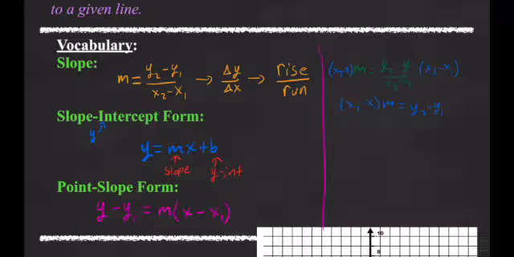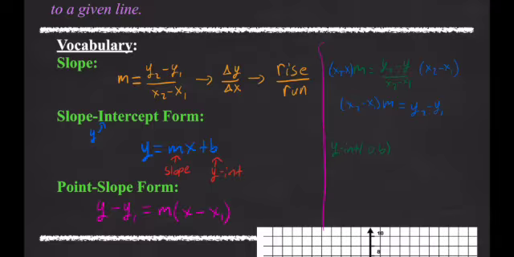The slope-intercept form is very, very similar. How we get to that, let's just go from this point slope form. And let's say we have the y-intercept. Let's say the y-intercept is (0, b), where b is an integer. If that is true, then we are going to replace the x1 and y1 with 0 and b.